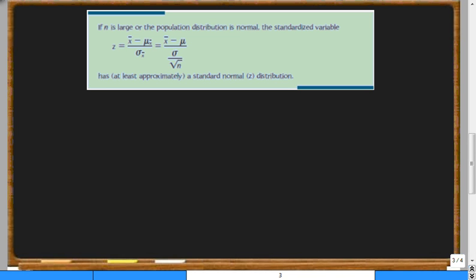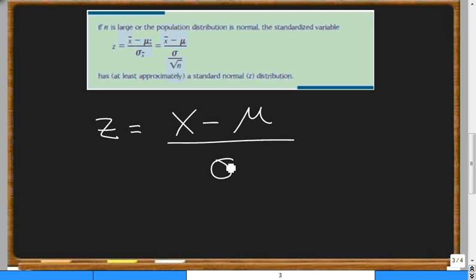All the old rules that we use to find z-scores are observation minus our mean over the standard deviation. All we have to do to apply this to a sampling distribution is update our data. That's it.